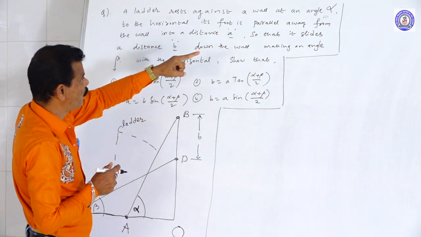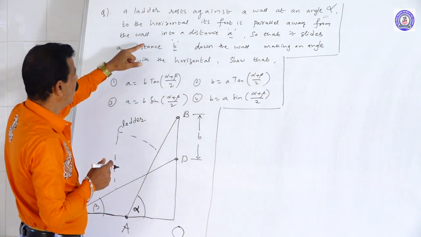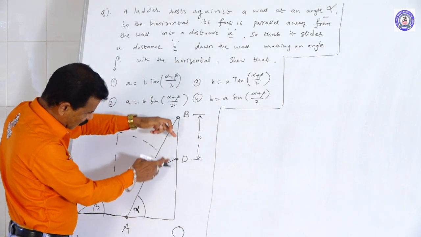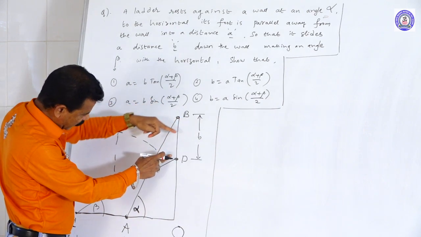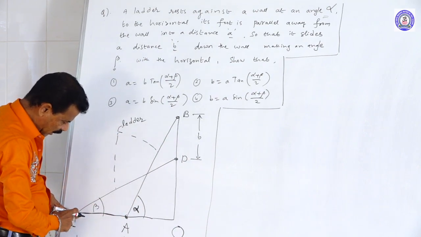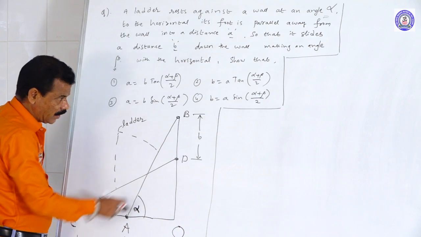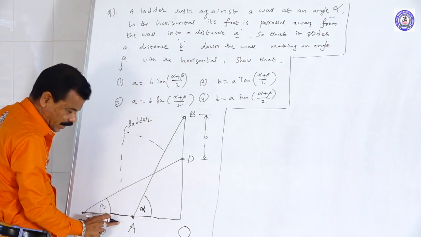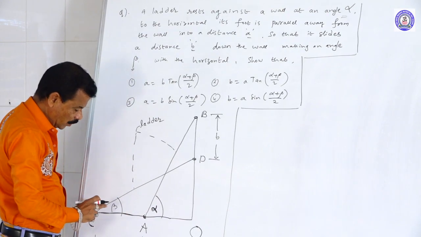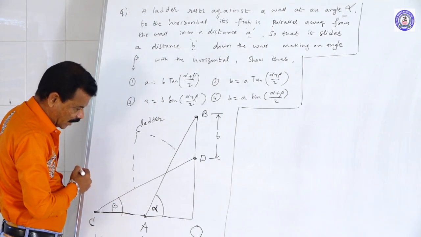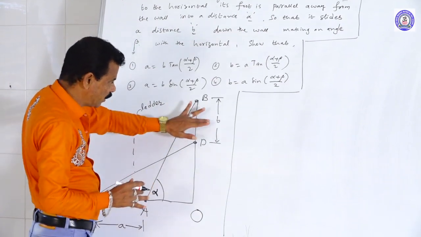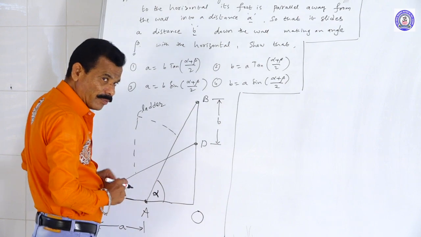Its foot is pulled away from the wall by a distance A. The ladder moves on the wall by a distance B, and on the horizontal by a distance A. So here the angle of elevation beta is given. Then what is the relation between A and B with alpha and beta?